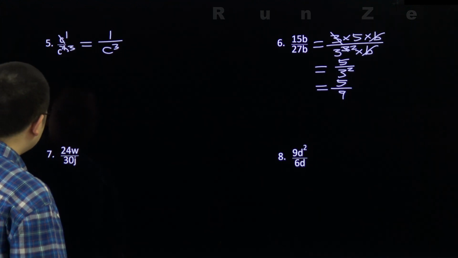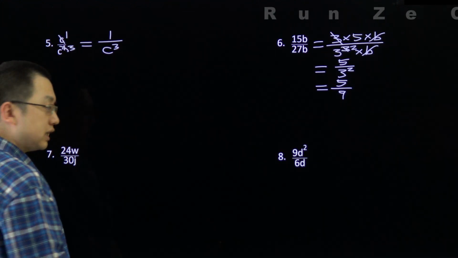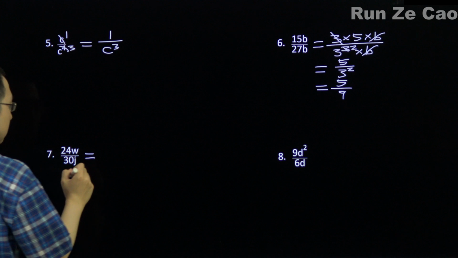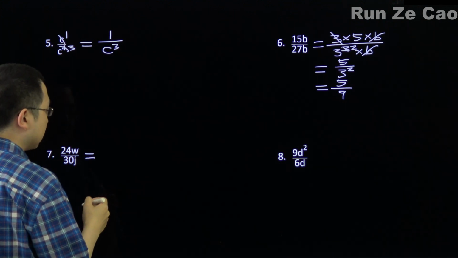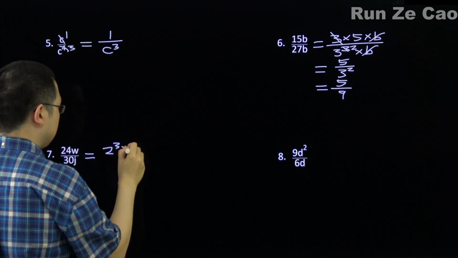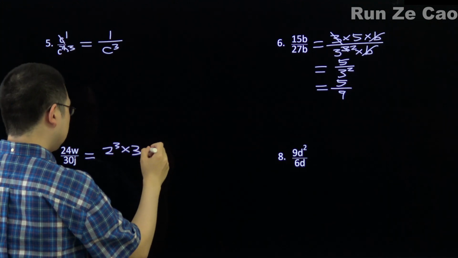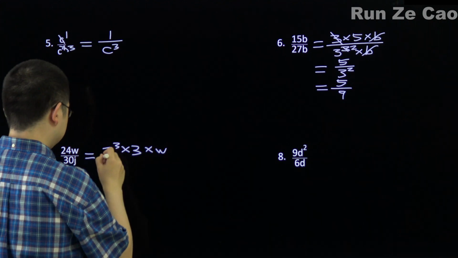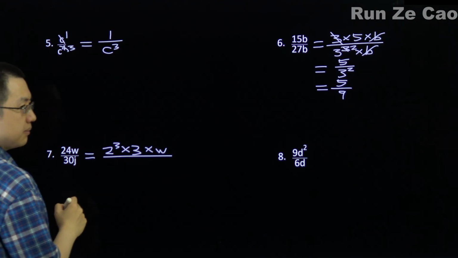How about 24w over 30j? Well, 24 is 3 times 8. In other words, 3 times 2 to the third times W. 30 is 5 times 6.